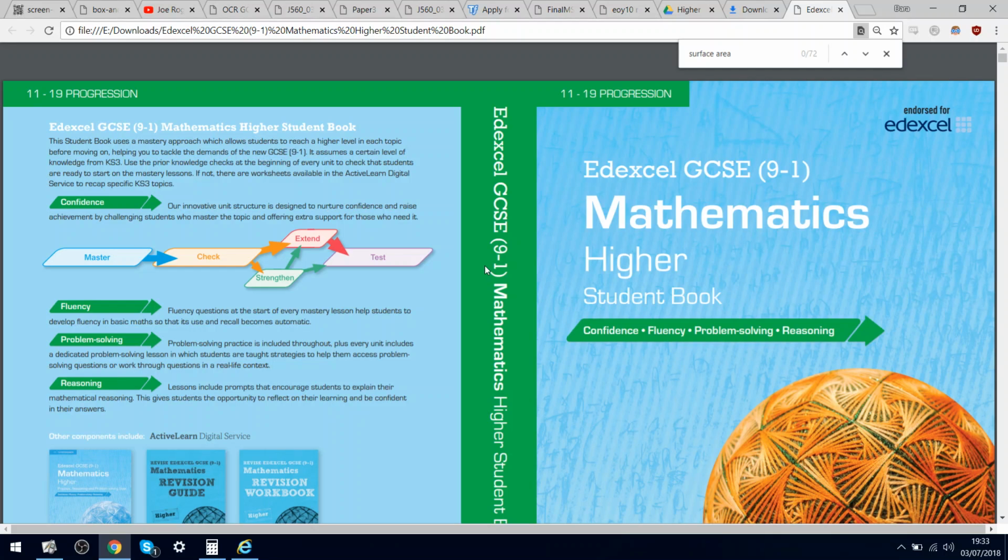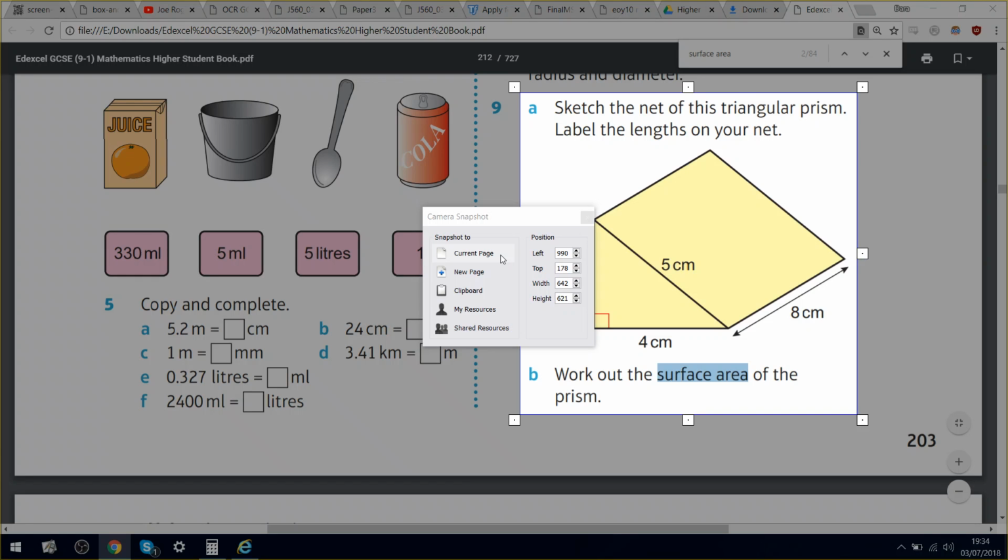Okay, how do you get the surface area of this shape? This yellow one. So right, we have a few numbers to calculate. The first one that we need, we know that's 8 there.